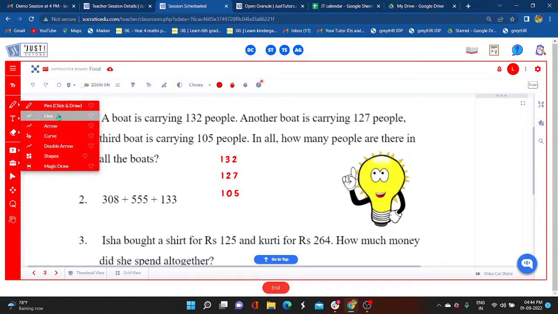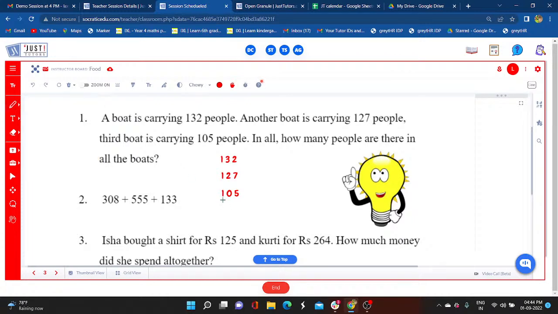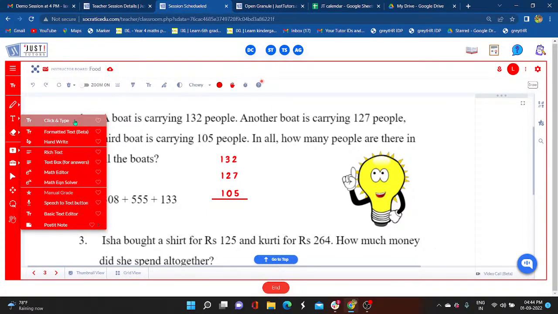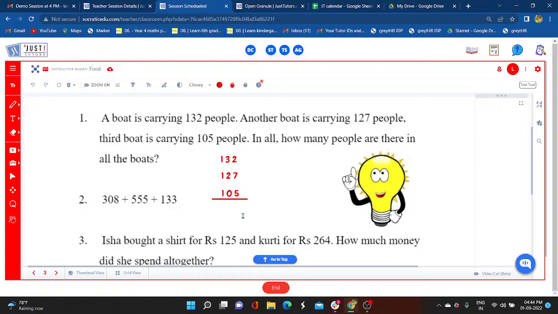Then we try adding these three numbers using a line. So at first we are adding 2 plus 7 plus 5. So 7 plus 2 is 9. 9 plus 5 is 14. So I would write the 4 here, put the 1 above. Then 3 plus 2 is 5, add the 1 is 6. So I would write 6 here.